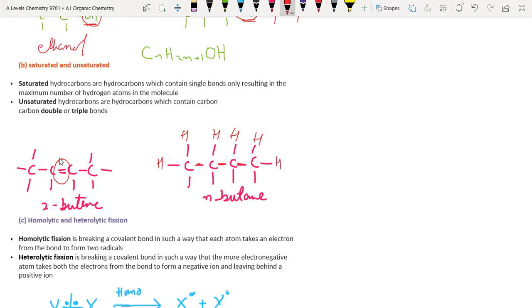At least one of the carbon-carbon bonds must be doubly bonded or triply bonded. If it is doubly bonded, it will be an alkene, or if there is a triple bond between carbon atoms, then it will be an alkyne. This is ethyne.